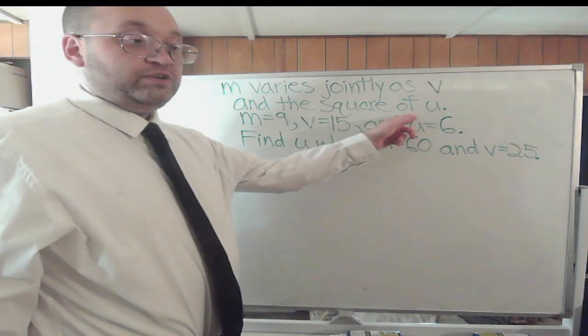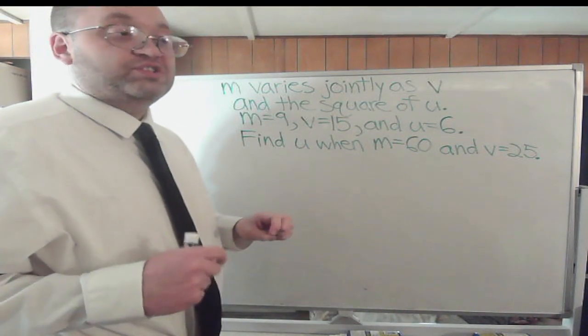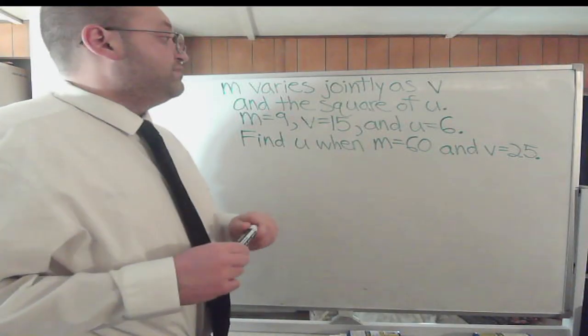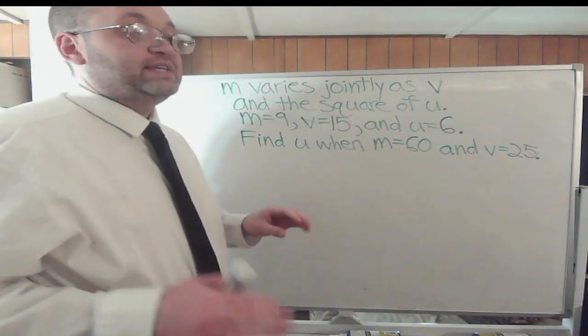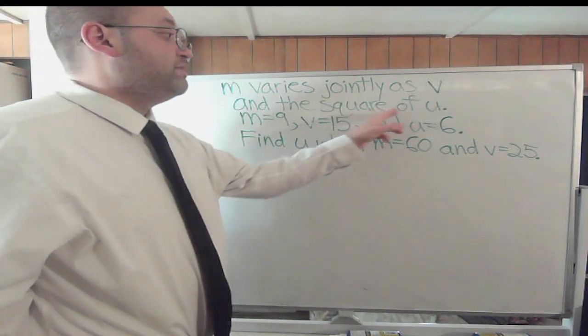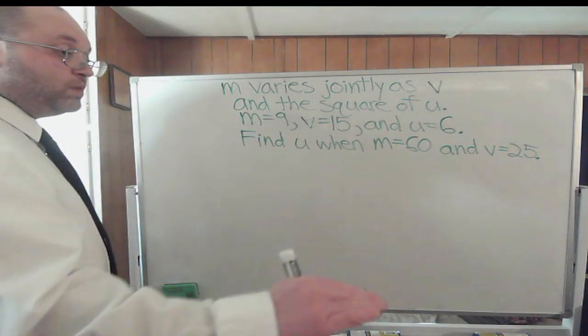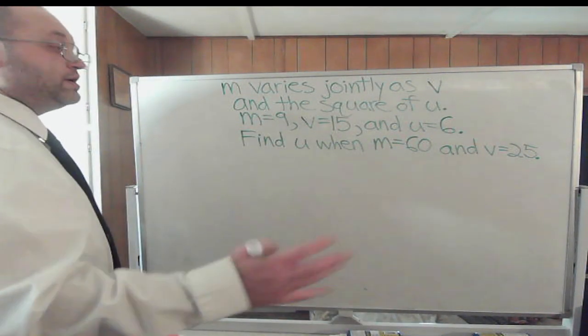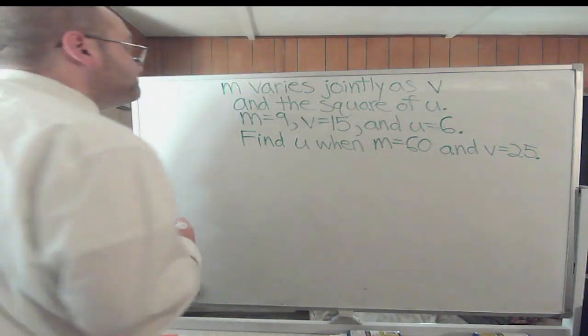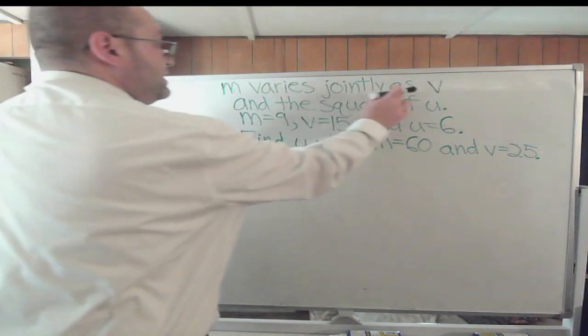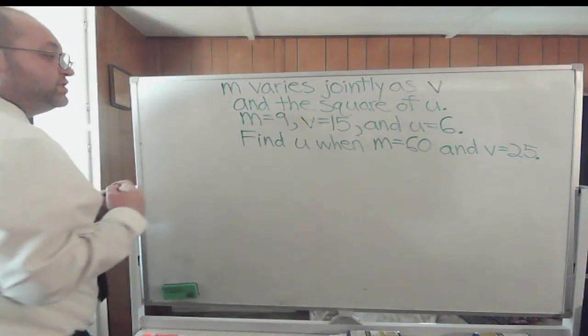The square of u, some people tend to think that means the square root of u. If it meant the square root, it would literally say square root. The square of u means u squared. So if you just see the square, that means u squared. That's the difference.